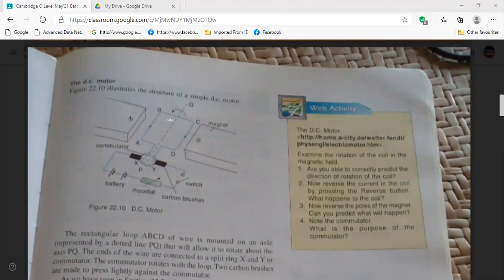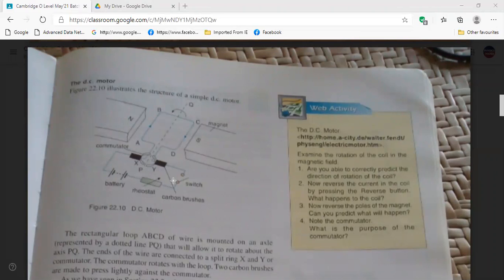If we have more current, then the rotation of the coil will be more. If we have less current, the rotation will be less, right? As we learned before, by increasing the amount of current, we can increase the turning effect in the coil. So we are using this arrangement for doing that.